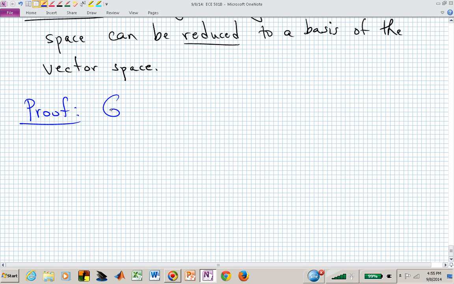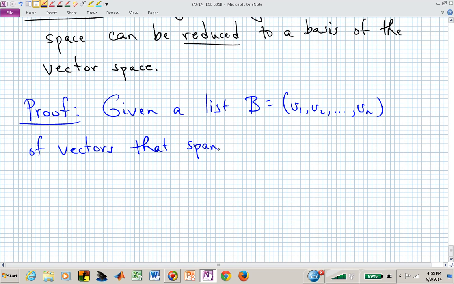Proof. Suppose we're given a list B, and let's say that's made up of these n vectors. And we're assuming that those vectors span all of V, so that those vectors span V. But now we're going to assume that that spanning list is not a basis.